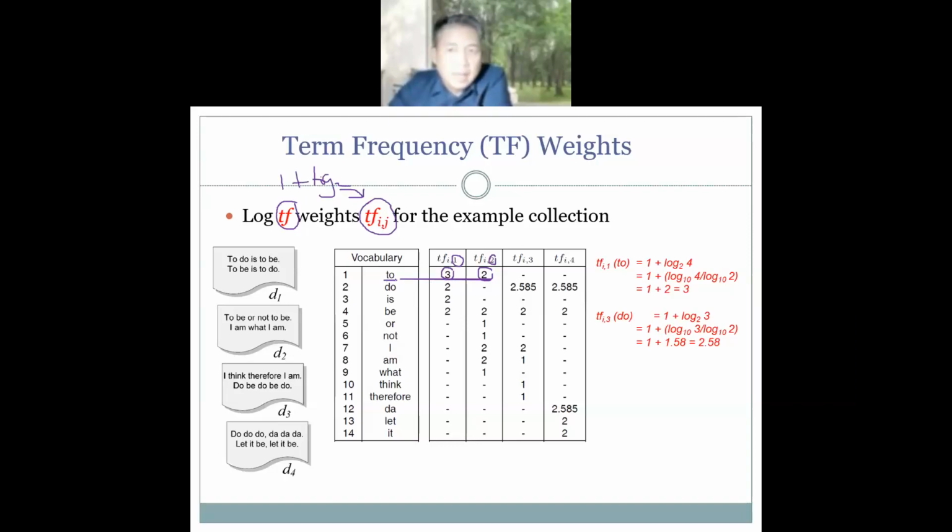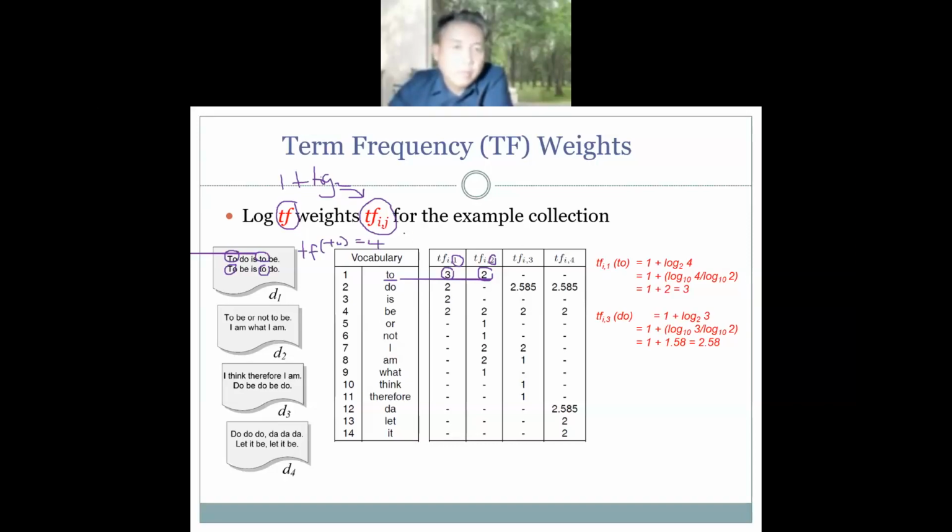First, let's have a look at 2 in document 1. So in document 1 we have 1, 2, 3, 4. So the term frequency for 2 is 4.